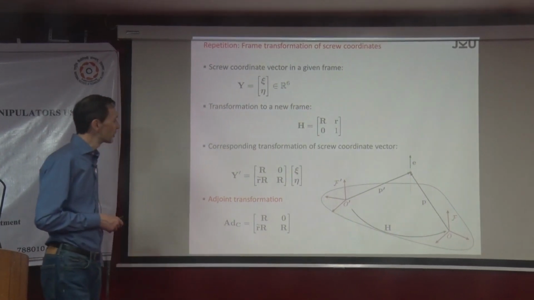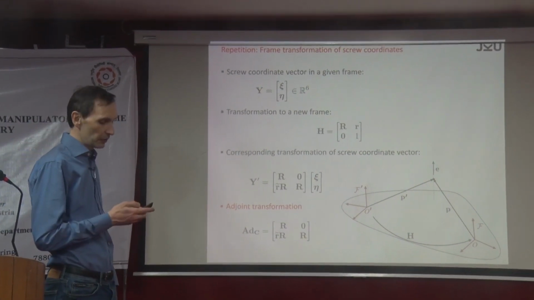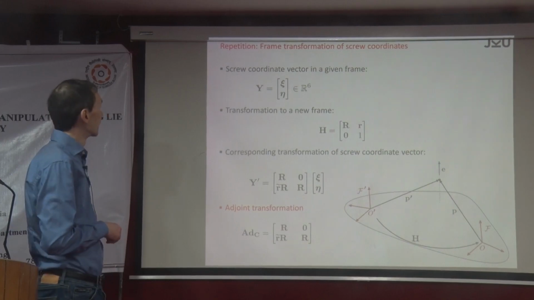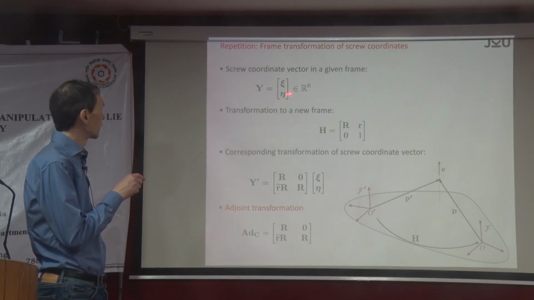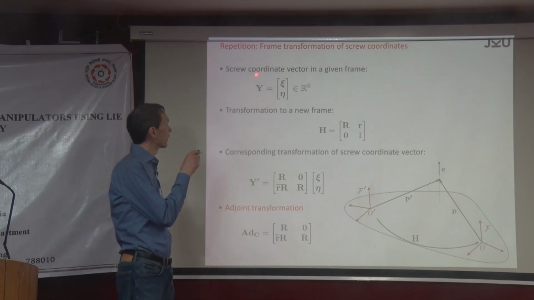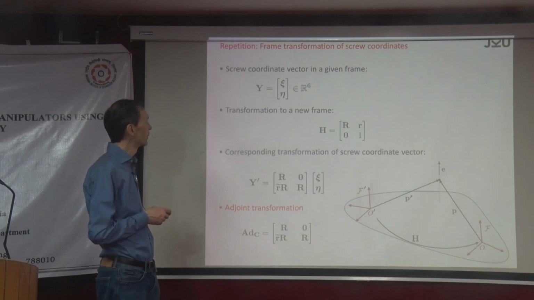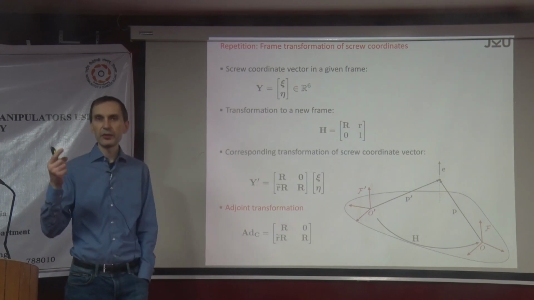Just to remind you what we did yesterday, or what we had been doing. It's good to remind you because it's all new and I guess it's good to remember. So we call a 6-vector the screw. In particular, screw coordinates if it is going into the exponential mapping.